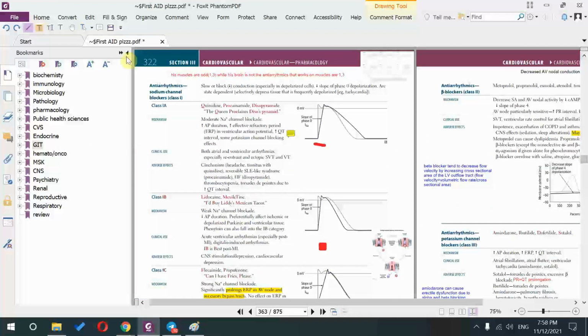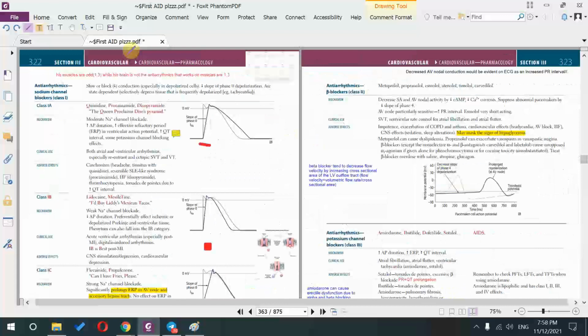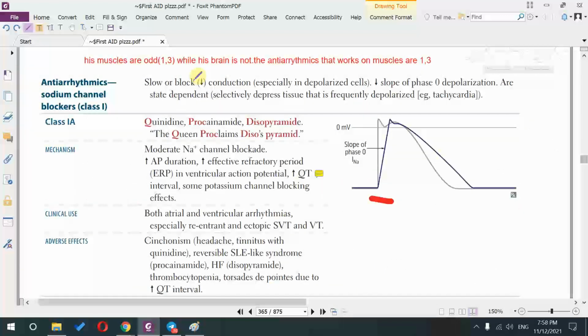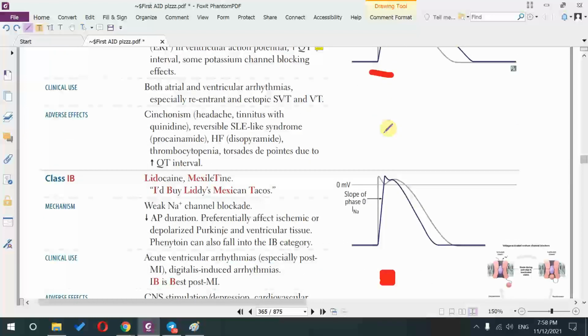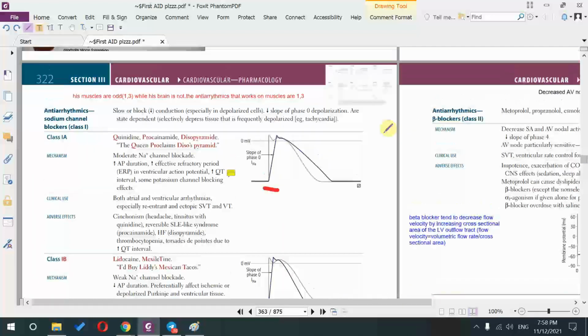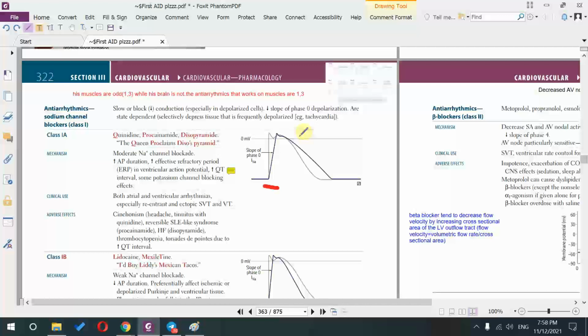Nice. So what else? Well, the antiarrhythmic sodium channel blockers. They slow or block conduction, especially in depolarized cells. Well, which cells are depolarized? Well, dead cells. Why would I give a drug for a dead cell? For ischemia. Well, in ischemia, your cells are 100% depolarized.